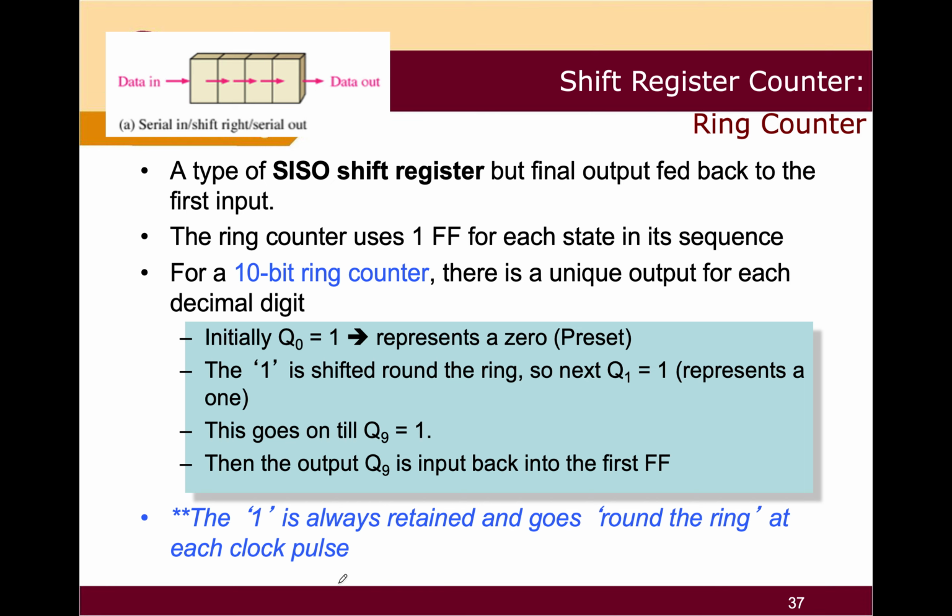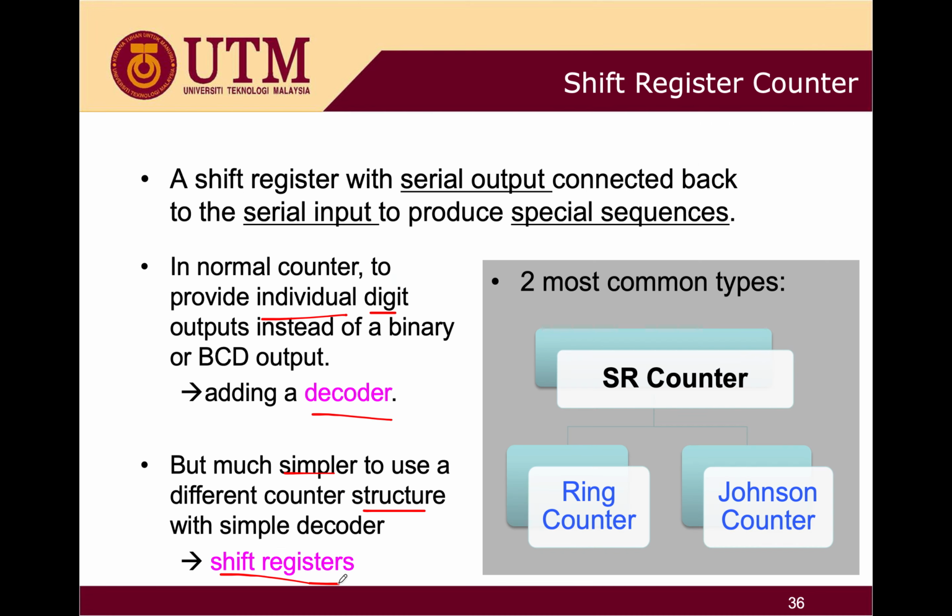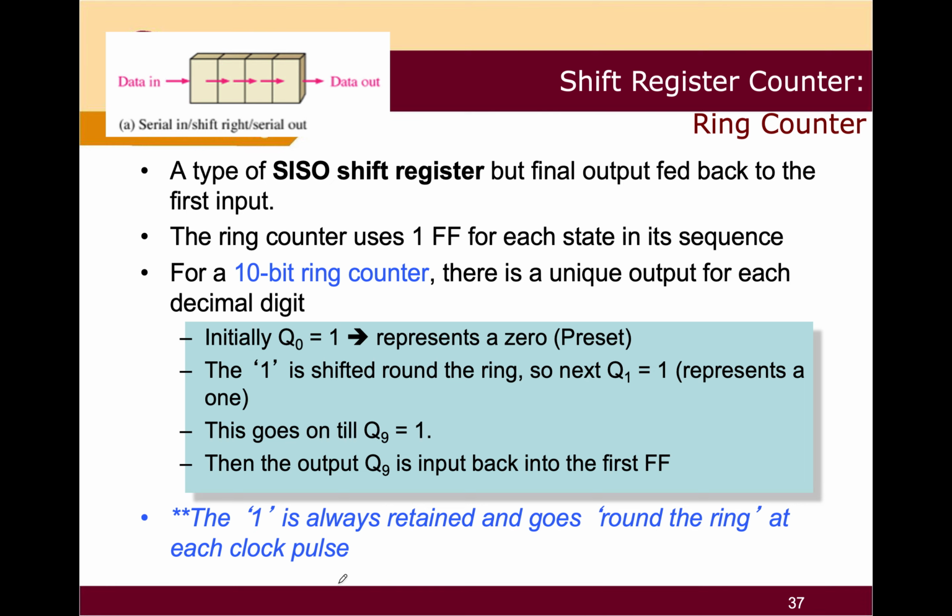So the shift register counters include the ring counter and also the Johnson counter. The ring counter is a type of SISO shift register, but the final output is fed back to the first input, so you're going to see it ring like a loop.